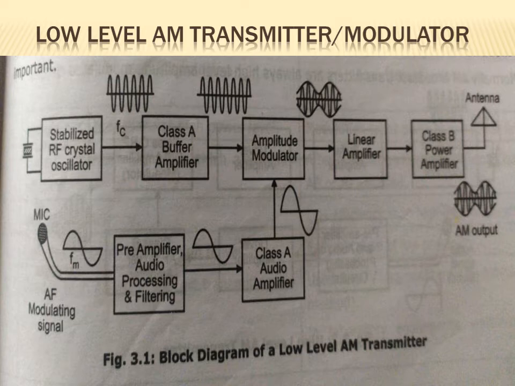This carrier signal is given to the class A buffer amplifier, which increases the amplitude of the carrier signal and is used for storage purpose. So the crystal oscillator generates the high frequency carrier signal fc. This fc signal is given to the class A buffer amplifier. The function of the buffer amplifier is that it stores and amplifies the signal.